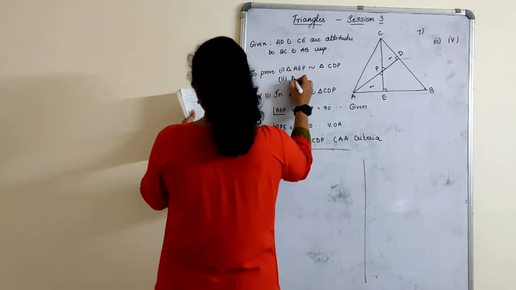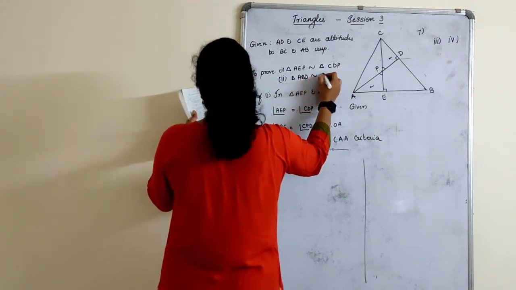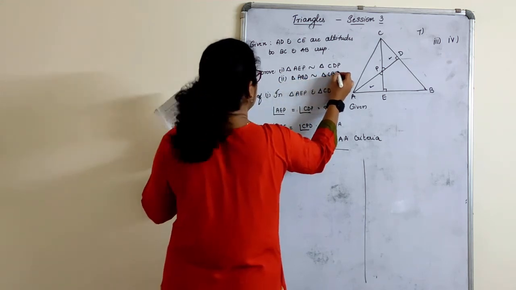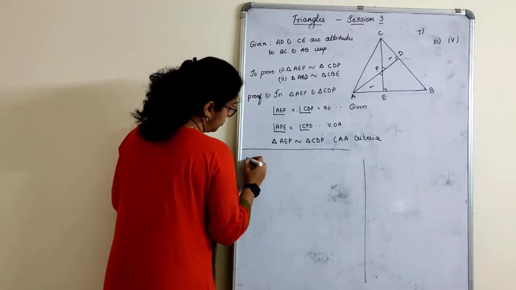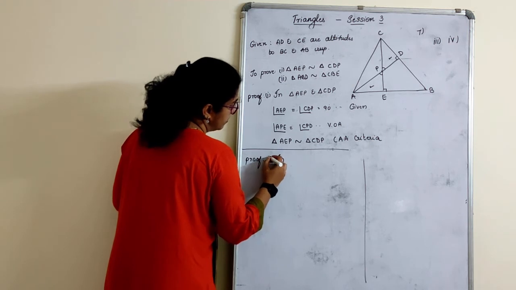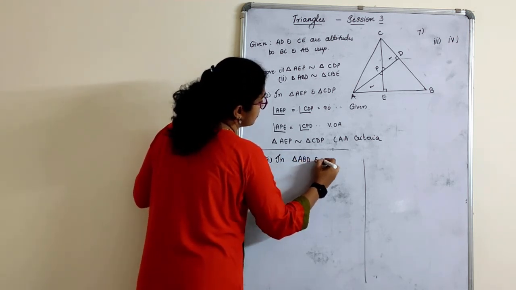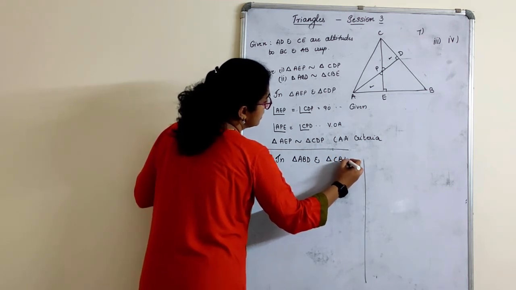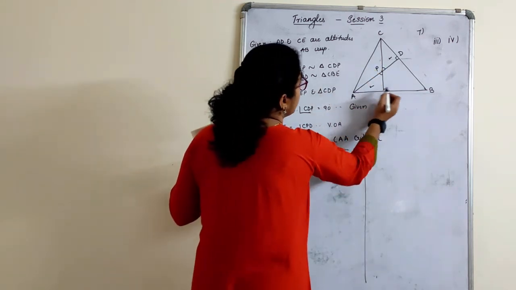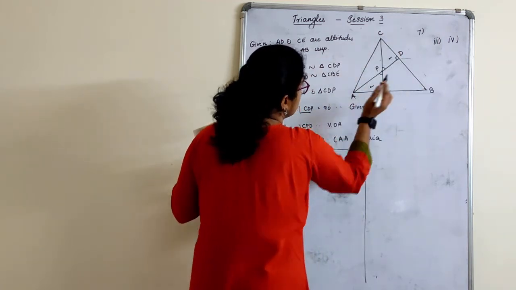What was the second part? Triangle ABD similar to triangle CBE. So proof. Second one. In triangle ABD and triangle CBE, so ABD, this part of the triangle, and next is CBE, this part of the triangle.